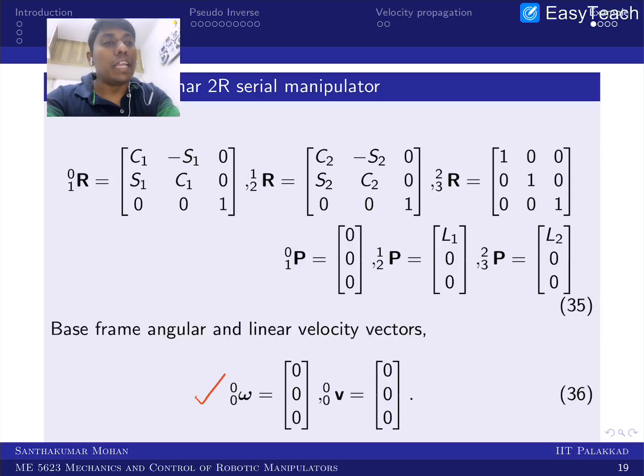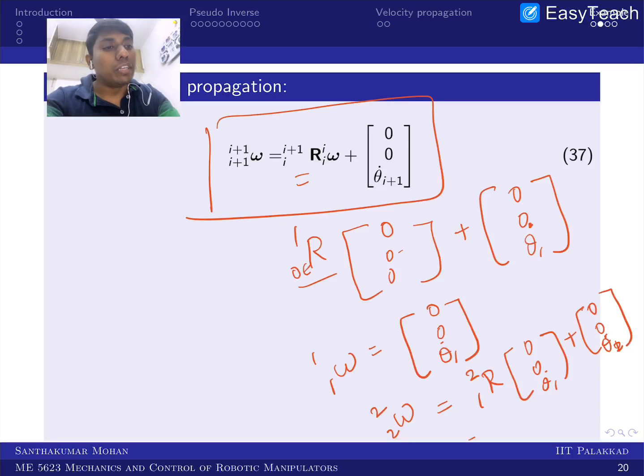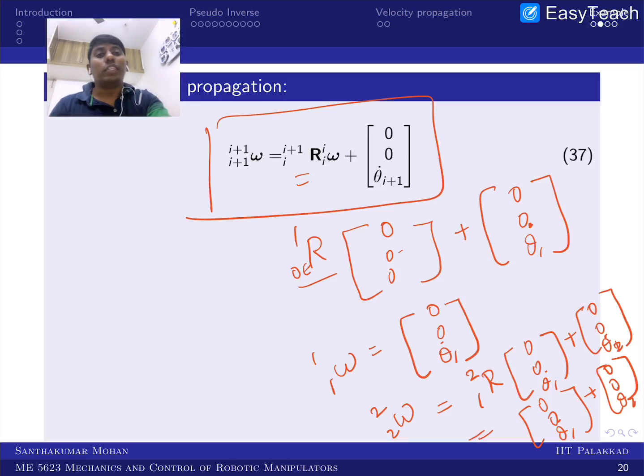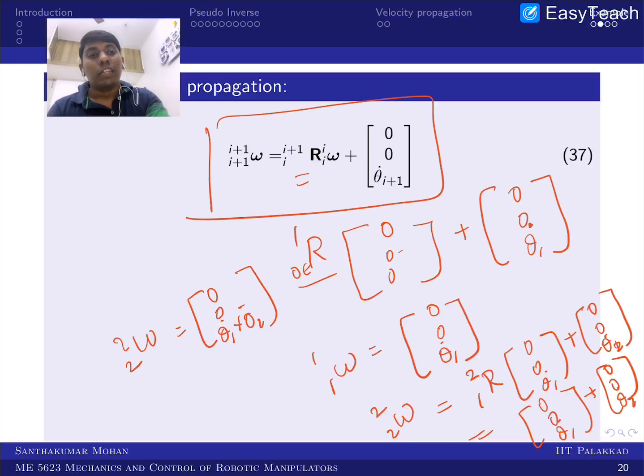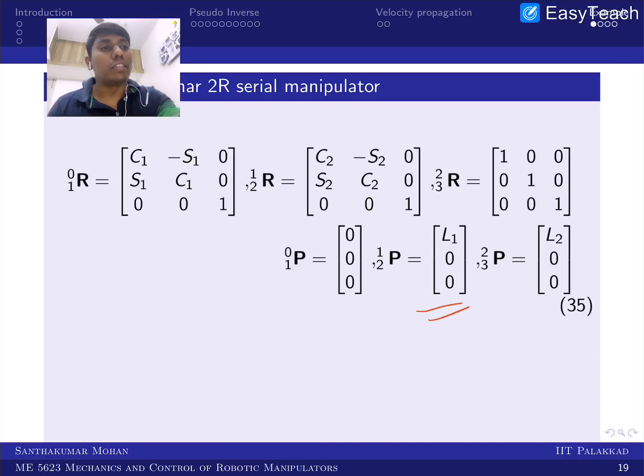Even if you take the transpose, you can see that the first and second rows don't have the third element, only the third row has the third element. So then this would give 0, 0, theta 1 dot, and this would give 0, 0, theta 2 dot, right? In the sense you can see omega 2, 2 is nothing but 0, 0, theta 1 dot plus theta 2 dot. That you can easily see from this picture.